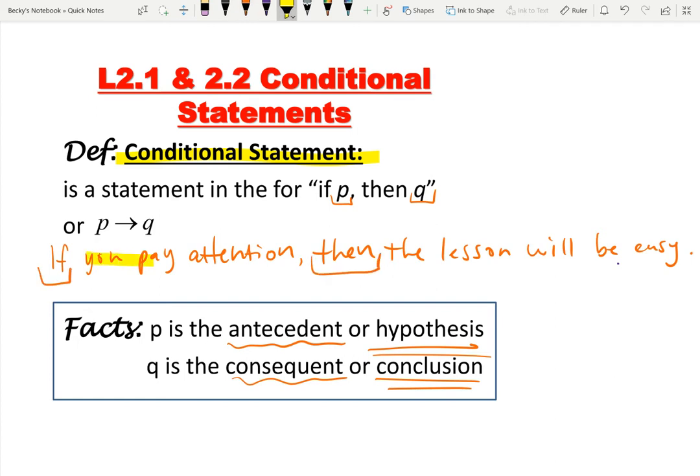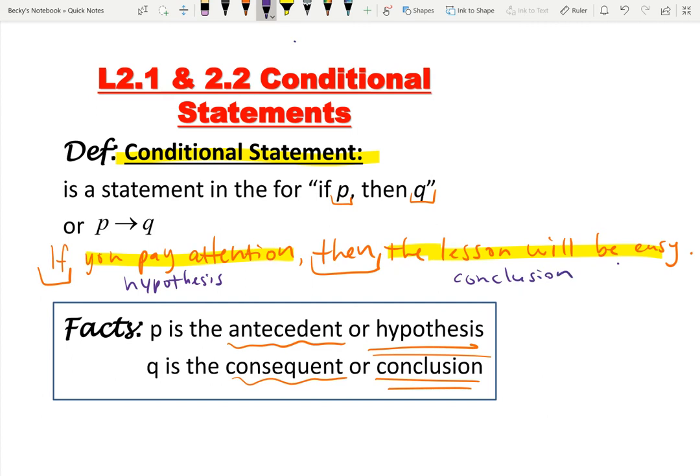Everything after if is your hypothesis. If is not part of it. So just make sure, because there's some identification on your assignment, you type out the part I highlighted here after the if until you get to the word then. And then the next part would be your conclusion.